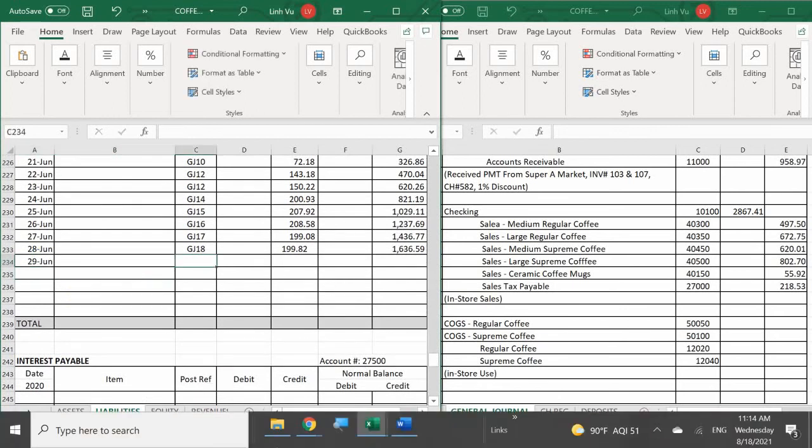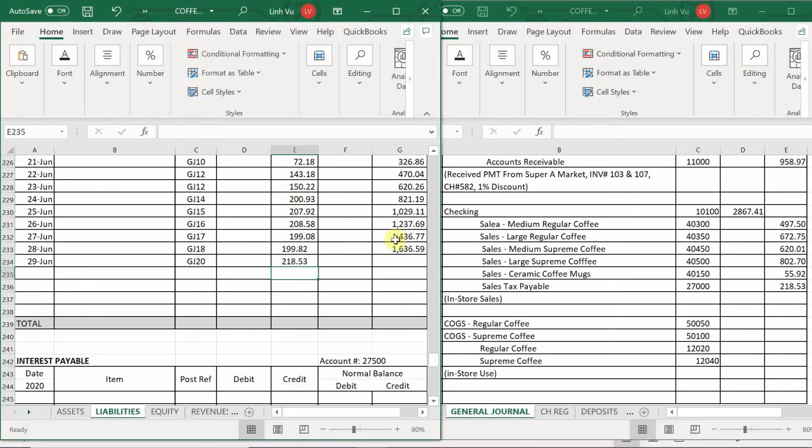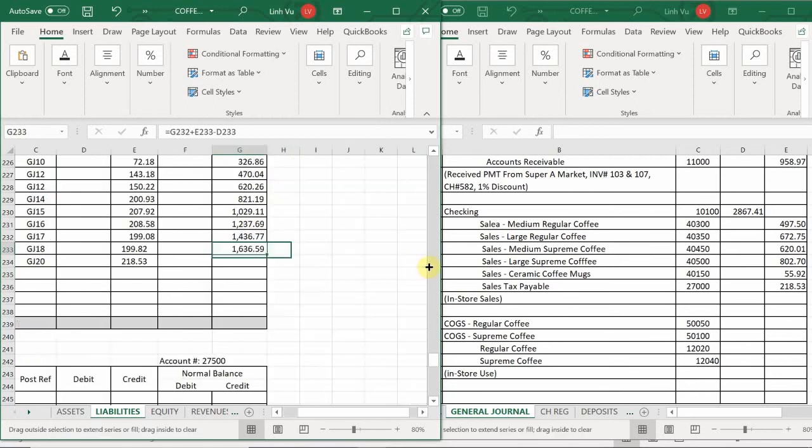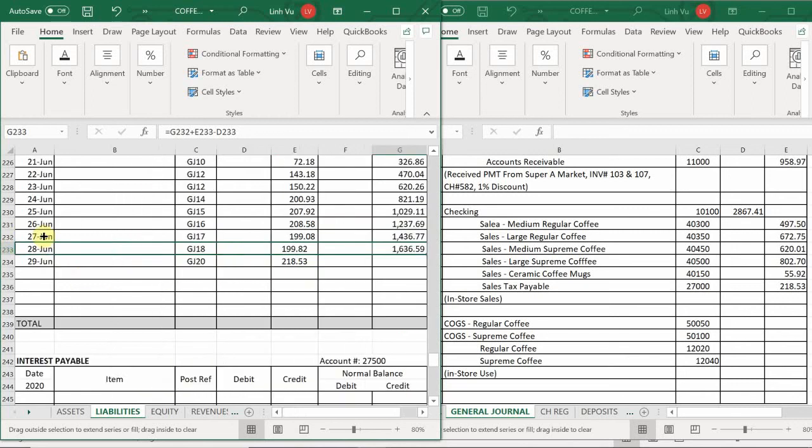General Journal 20 for a total of $218.53. Okay. So what should my ending balance be in my sales tax payable? How much do I owe in grand total? We owe 1855.12. Excellent.